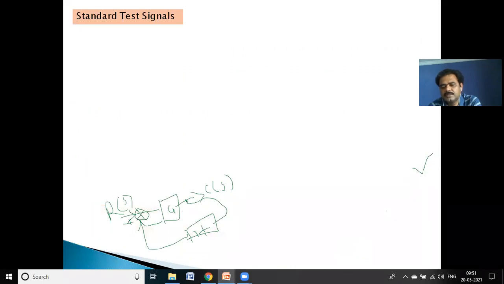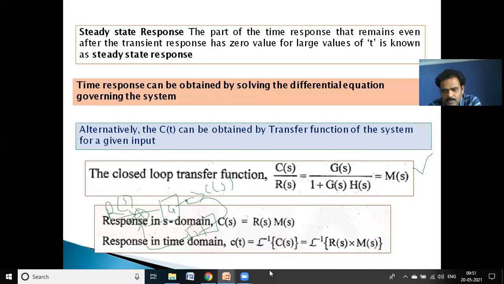Now, standard test signals. In the first case, we have to study different types of inputs to get this response. First, our aim is to study, for the same system, if I apply different inputs, what is its response?